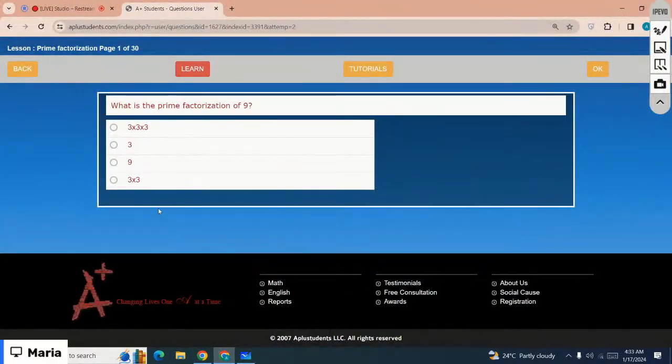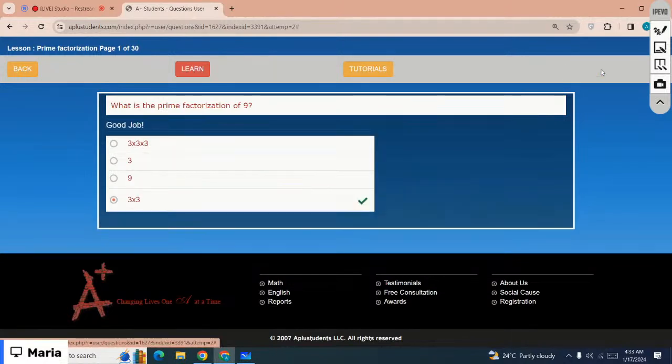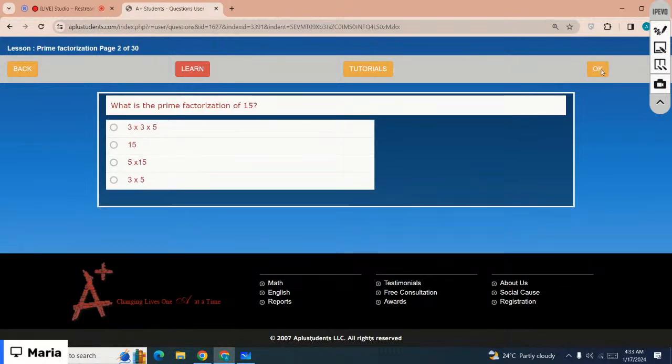Okay, yes, the prime factorization of 9 is 3 times 3. Very good. What is the prime factorization of 15, which is the correct option? What is the prime factorization of 15?